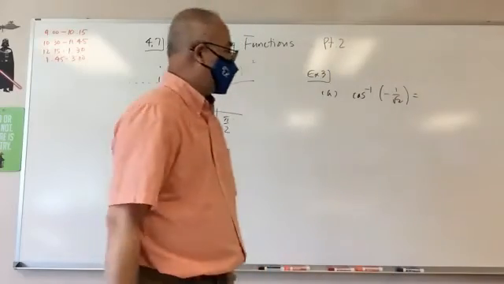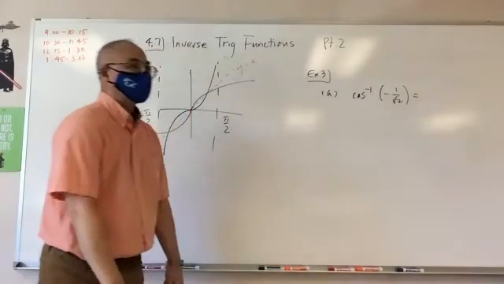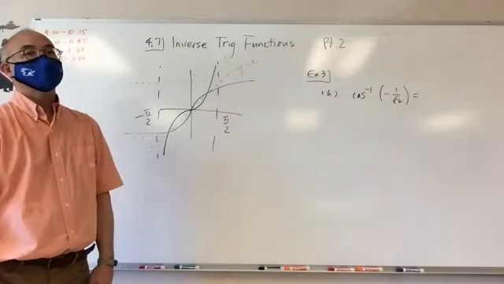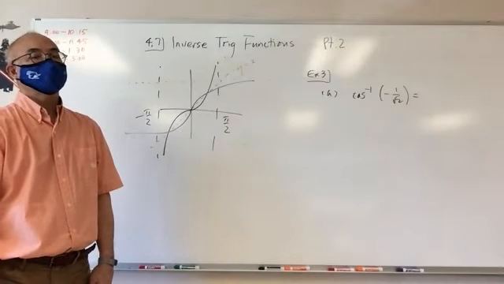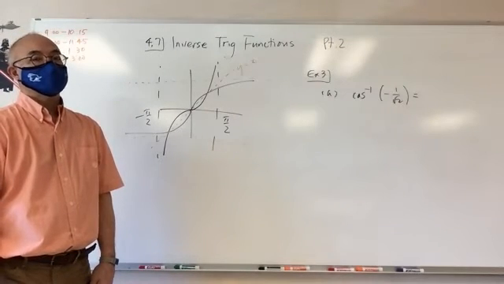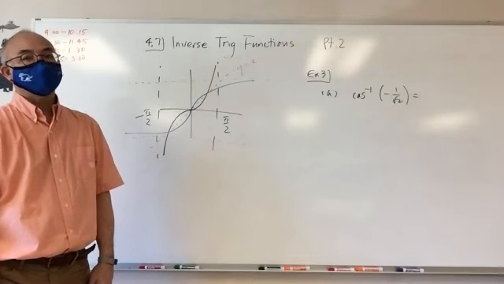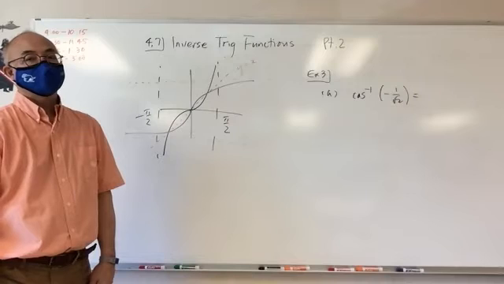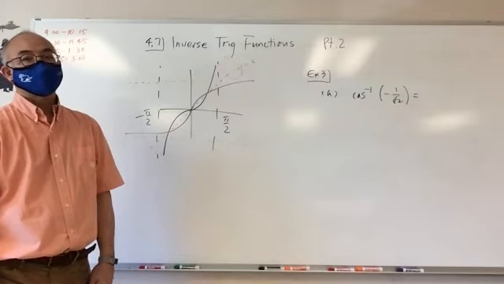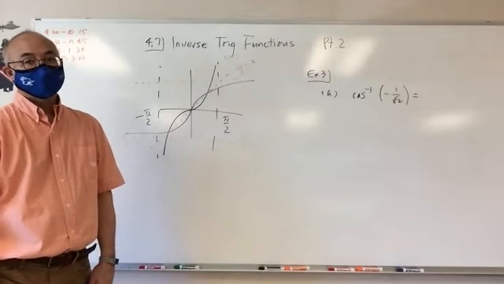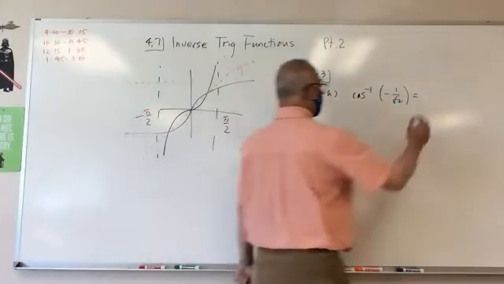So what is that? It's a cosine, which means that it is the x value. The domain of arc cosine is 0 to pi, so it's going to be 3 pi over 4.